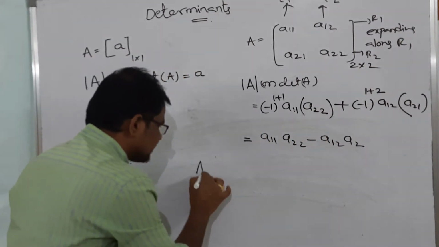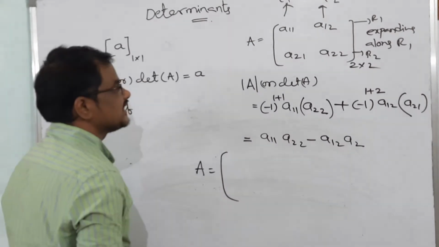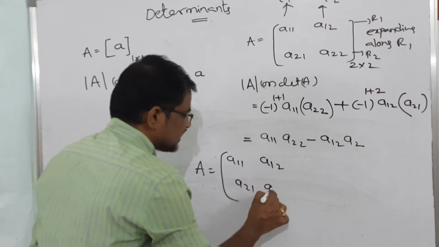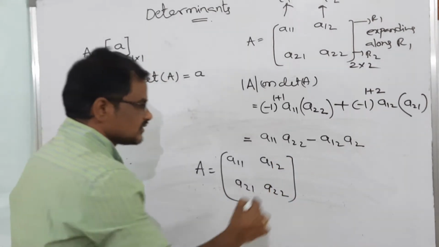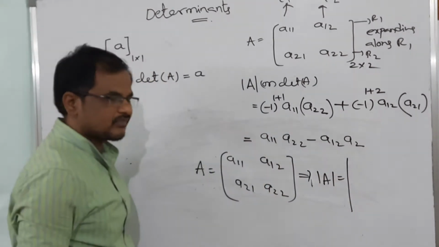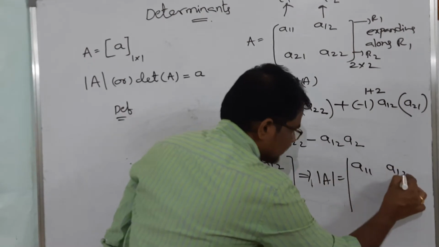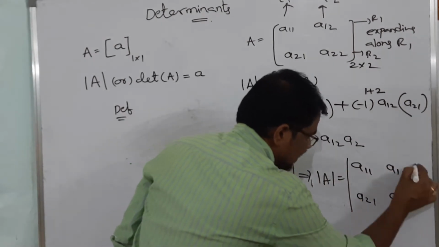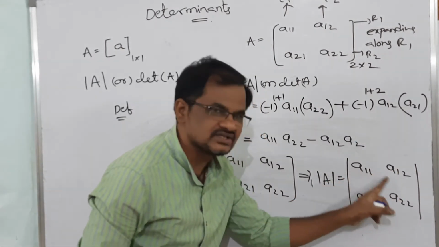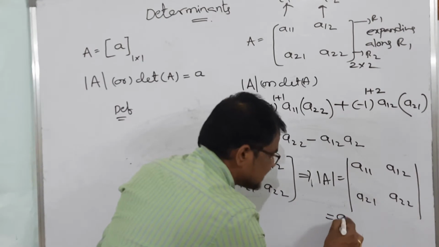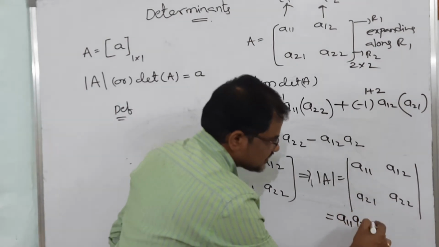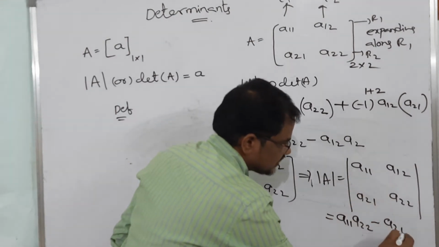Otherwise you can directly take it like this also. If A equals A11 A12 A21 and A22, that implies determinant of A equals, you write it like this: A11, A12, A21, A22, and then just cross multiply. So we get A11 A22, and between these two we take a minus and multiply these two, A21 A12.